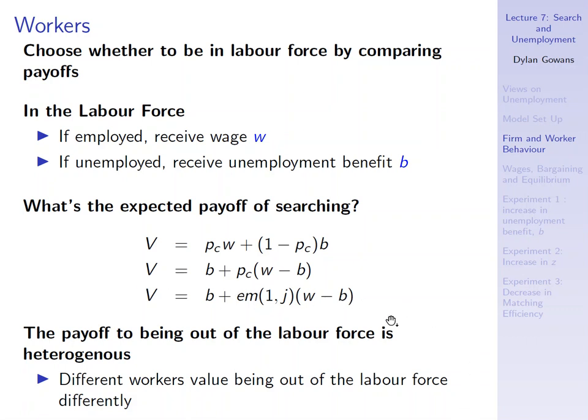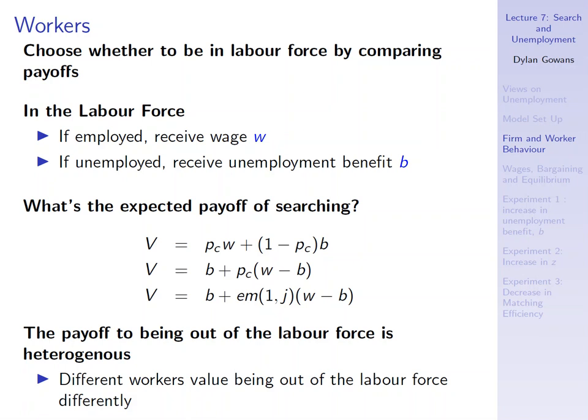Now, importantly here, the payoffs to being out of the labor force are heterogeneous. That is, different workers value being out of the labor force differently. There could be many reasons for this. It could just be preference. It could be that when I'm out of the labor force, I can do more home activity, home production as it's called, the things that are necessary to do at home.